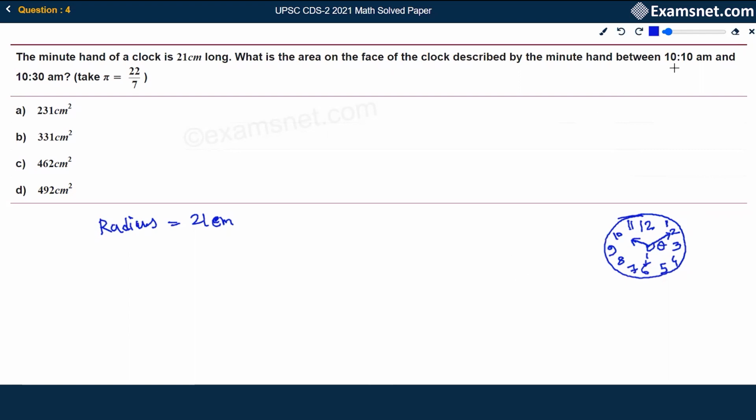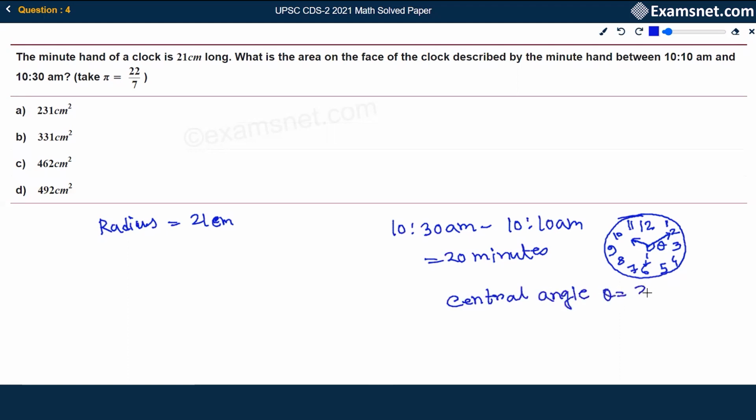So for 20 minutes, because the time duration between 10:10 am and 10:30 am is 20 minutes, the minute hand will make central angle theta, that is 20 by 60 multiplied by 360 degree. So it would give us the value 120 degree. So this minute hand would make 120 degree angle at the center.